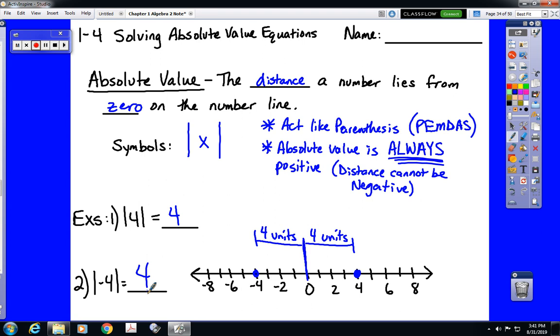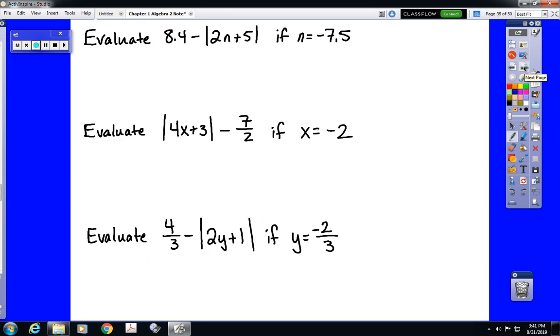So, let's go through some examples of evaluating absolute value symbols. This is very similar to what we've done in previous lessons. We're going to take the value that they give us and plug it into the expression. So we have 8.4 minus the absolute value of 2 times 7.5 plus 5.